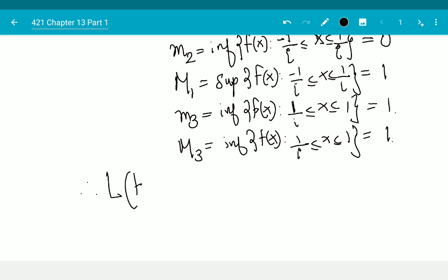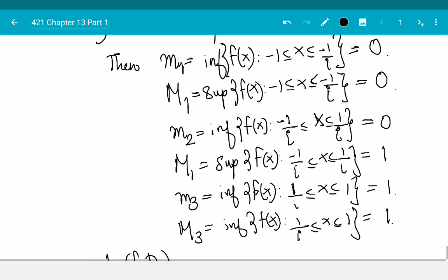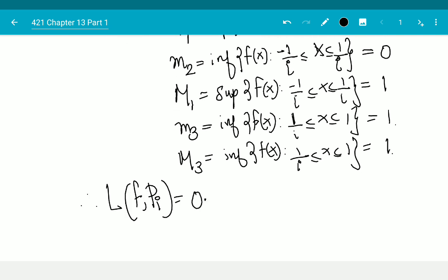Therefore, L of f comma pi is equal to 0 times 1 minus 1 over i, plus 0 times 2 over i, plus 1 times 1 minus 1 over i.